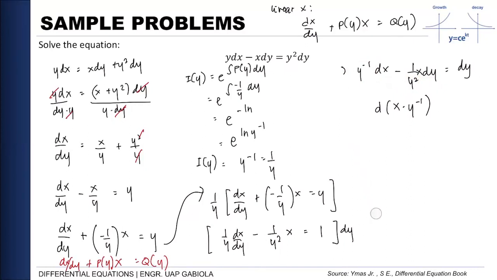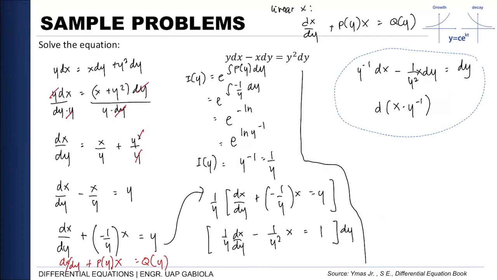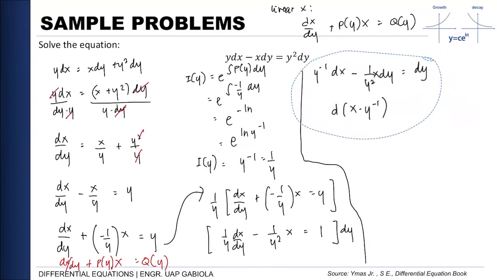Pag chinek natin yan, yung magiging derivative niya. So, derivative ng product. So, x times derivative ng y negative 1. So, that is negative y negative 2. Okay? Plus y negative 1 times derivative ng x. That is dx.